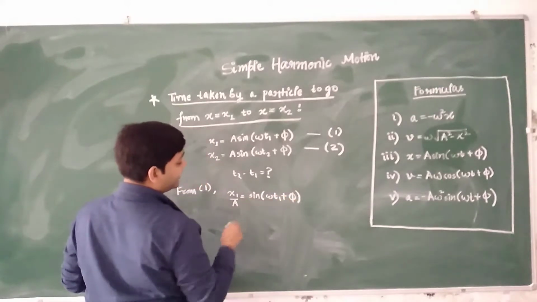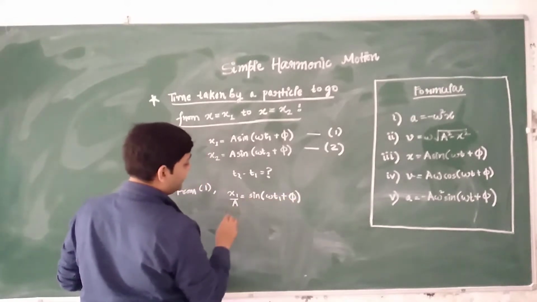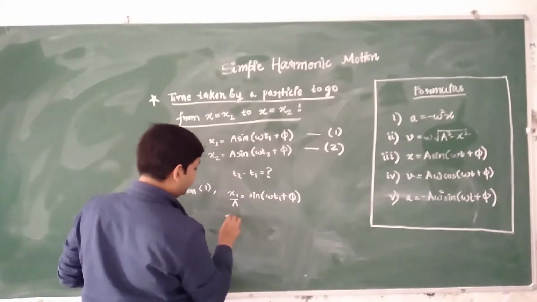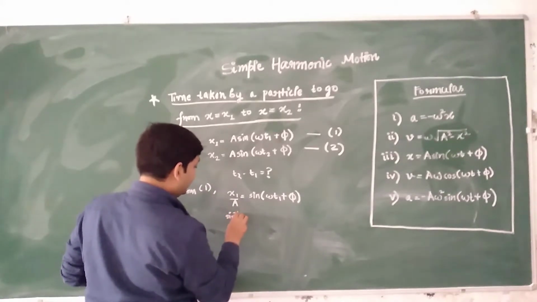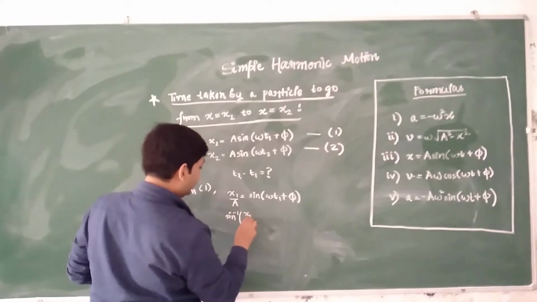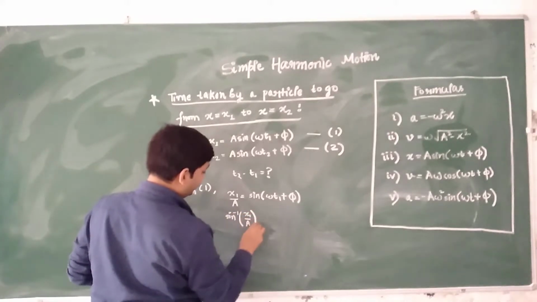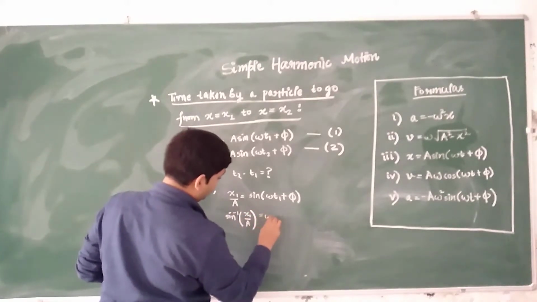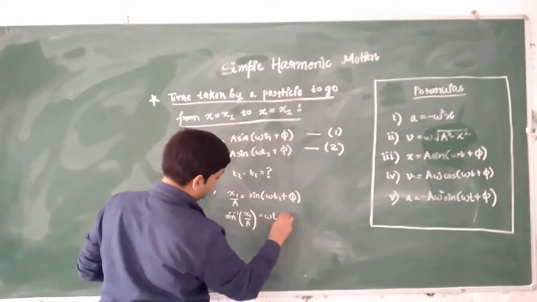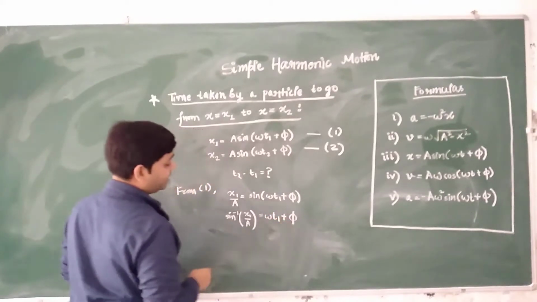Now we can take the sine inverse on both the sides. If we take the sine inverse on both the sides, we will have sine inverse of x1 upon a is equal to omega t1 plus phi, right?